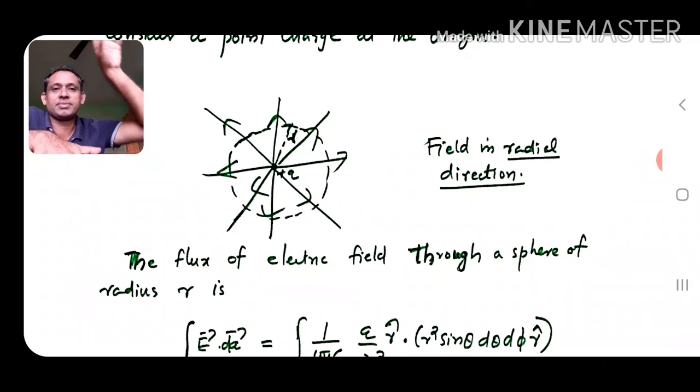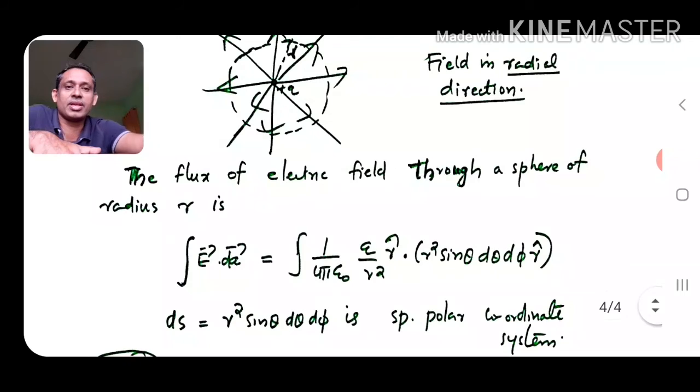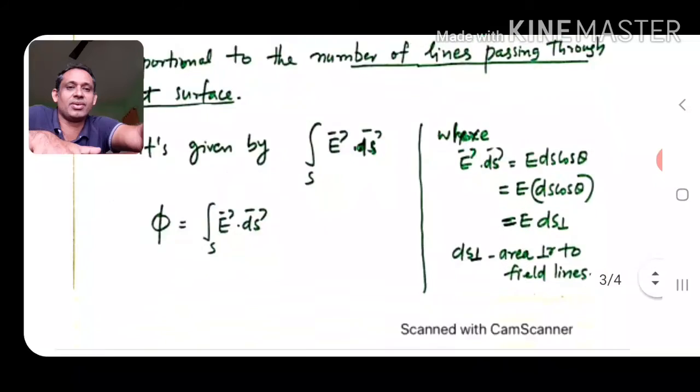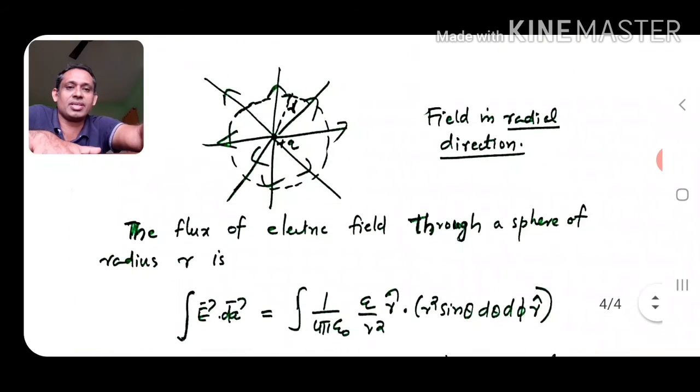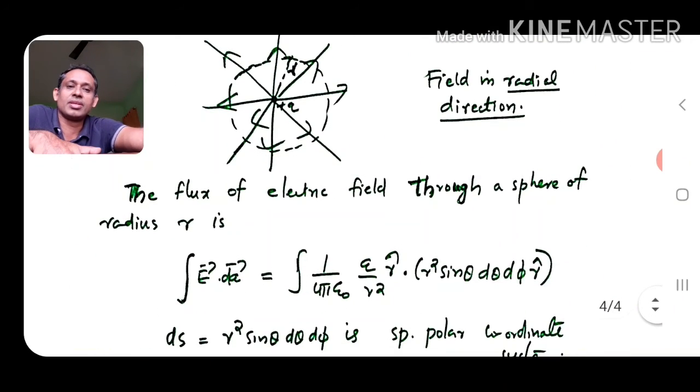We imagine a sphere of radius r around this positive charge, and calculate the flux, which is the integral of E dot dA. Here dA is a small area on the spherical surface, and we integrate over the entire spherical surface.